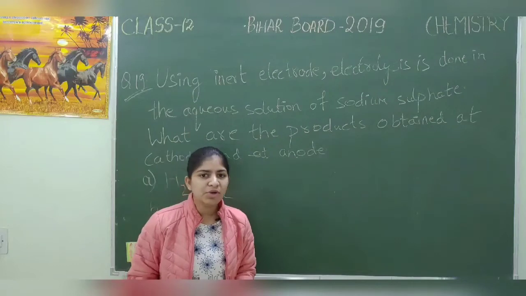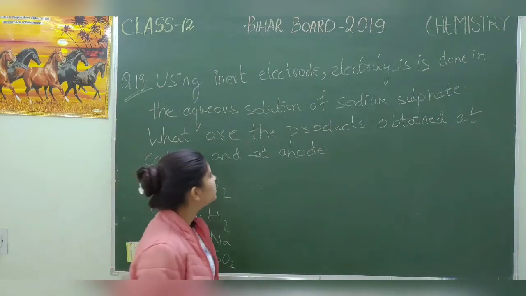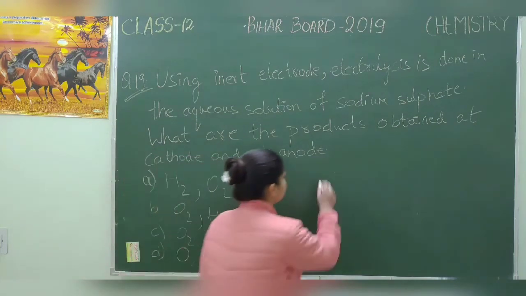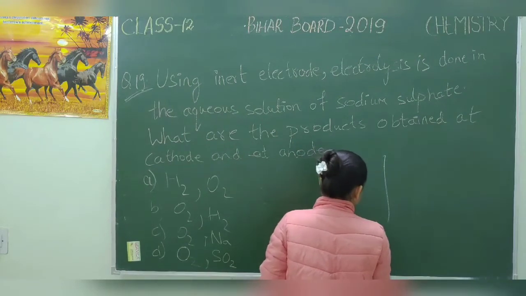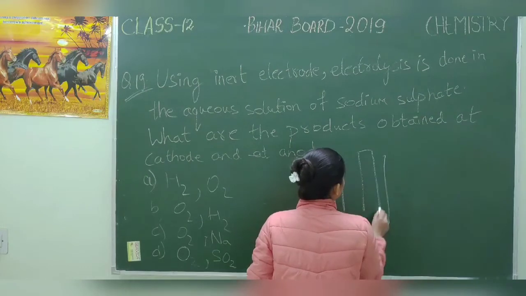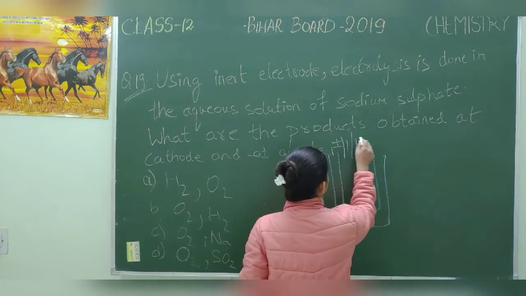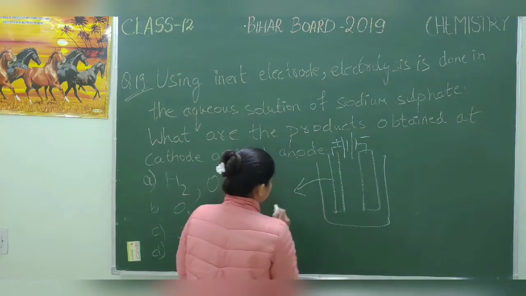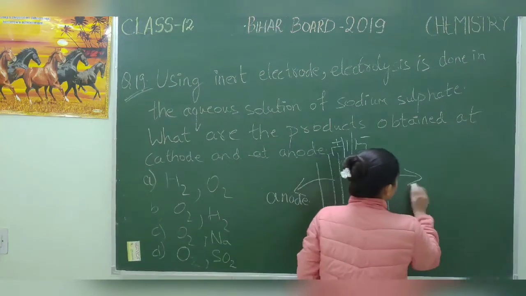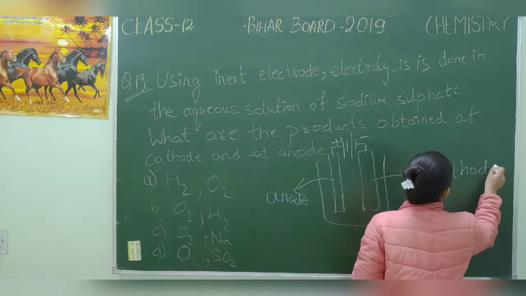Now come to next question, that is using inert electrode, electrolysis is done in the aqueous solution of sodium sulfate. So let us take 2 electrodes, positive, negative. This is anode electrode and this is cathode electrode.